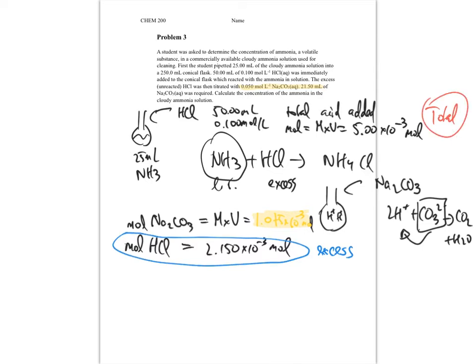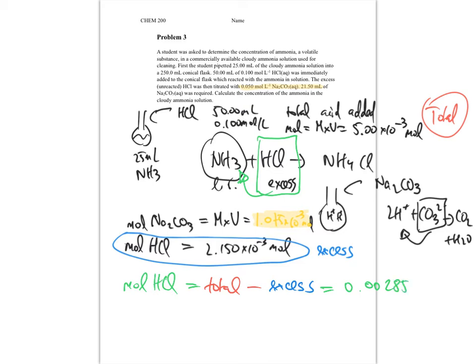Now, how do we get the acid HCl that reacted with the NH3? Well, that is very easy. The moles of HCl that reacted is equal to the total minus the excess, which in this case is equal to 0.00285 moles.